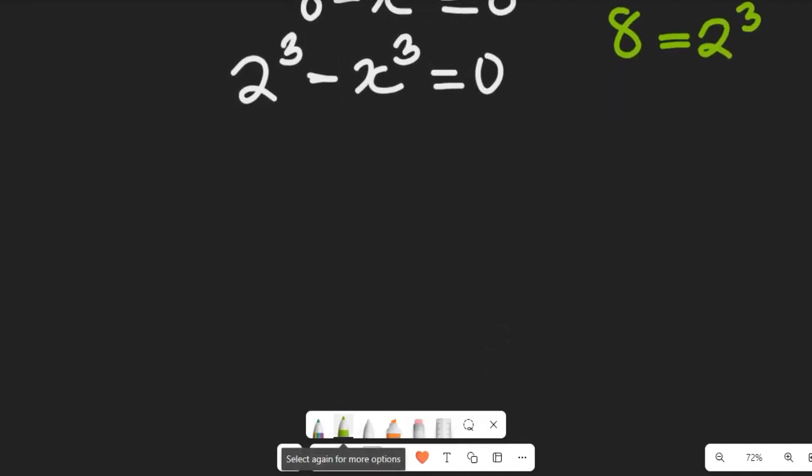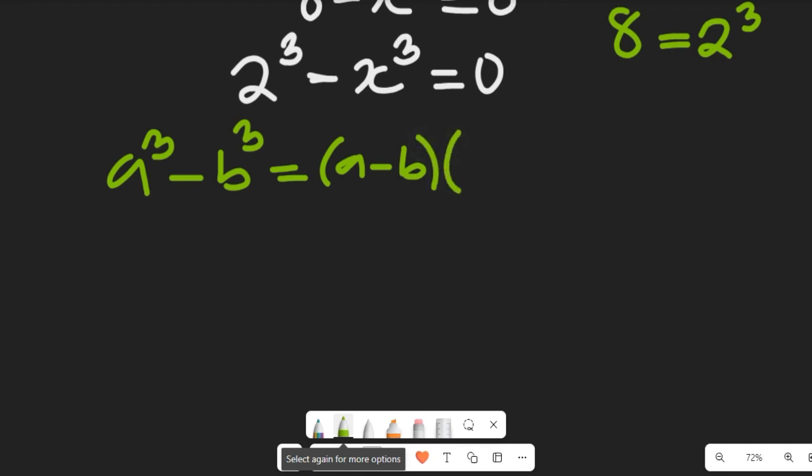In that formula, a cube minus b cube can be equal to a minus b on one side, and the other expression gives us a square, which is the first square, plus ab plus b square, right? Good.